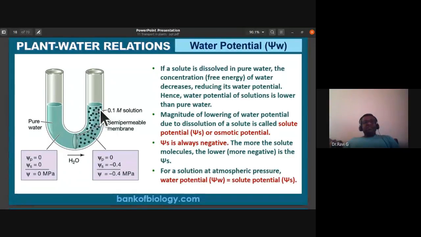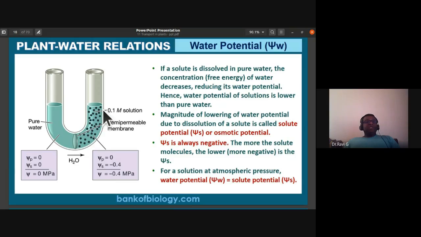If a solute is dissolved in pure water, the concentration of water decreases, so the free energy of water decreases, reducing its water potential.